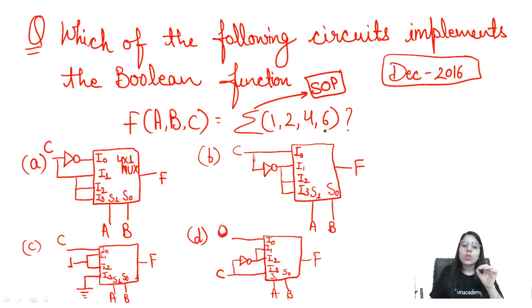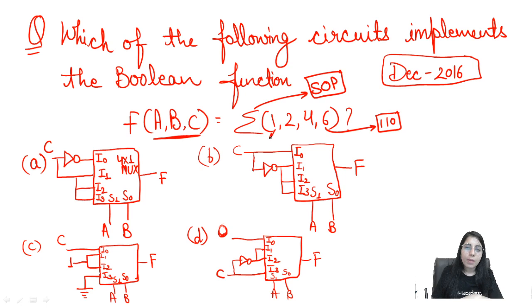So how will you represent 6 in the binary number system? With 1 1 0. Clear? That means you need 3 variables, and 3 variables are even mentioned here. Clear? Now in the same way you need to write all these terms in the binary number system.